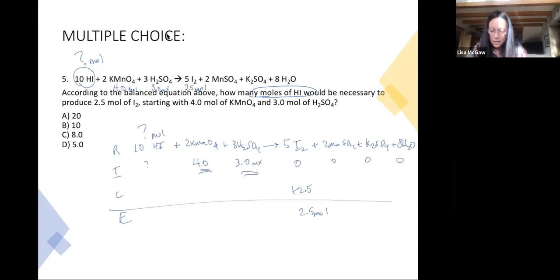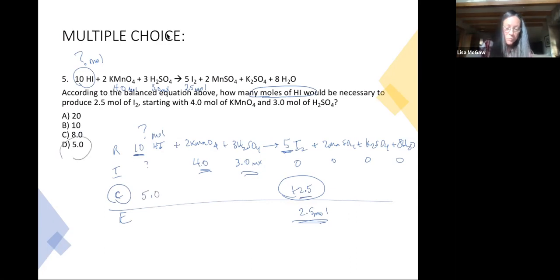They're asking me, how much HI do I need to produce 2.5 moles of I2? What's the ratio? For every 5 I2s produced, I need to use 10 moles of HI, so I need 2 times as much. So what's 2 times as much if you're looking at this C row? If you're going to use 2.5, twice that would be 5, and you're done with that problem.